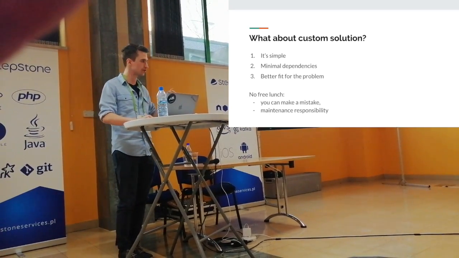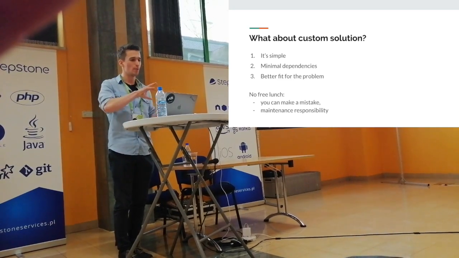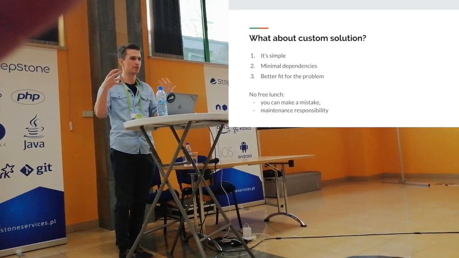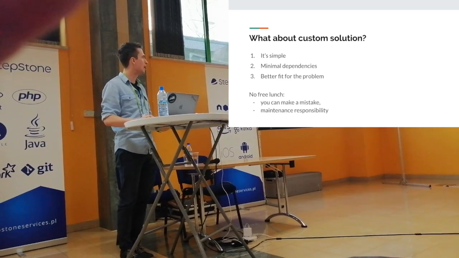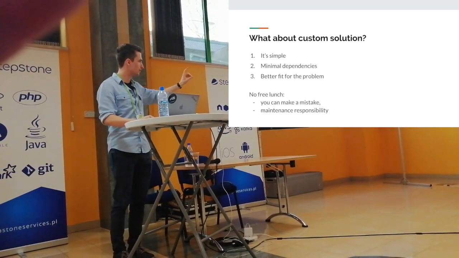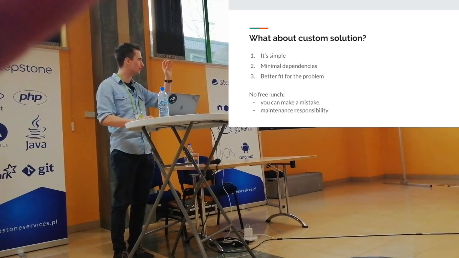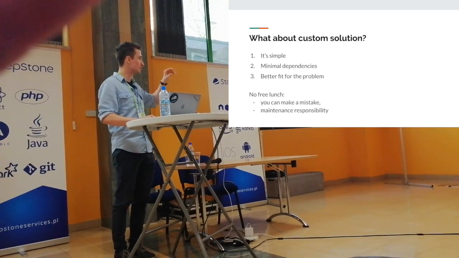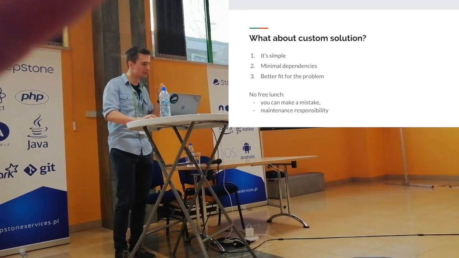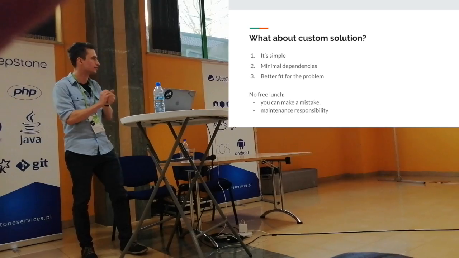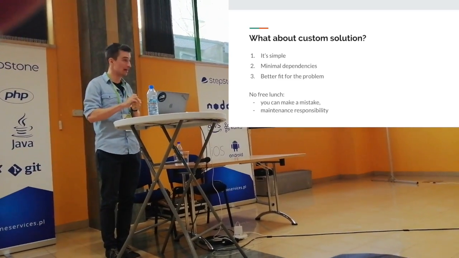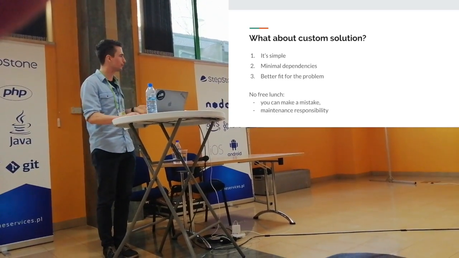So you don't use external tools and make the problem fit those tools, but you actually make the tools fit the problem. But of course, there's no free lunch. There's the no free lunch theorem. You can Google it. You can make a mistake, and you are responsible for maintenance. So it's always a trade-off.